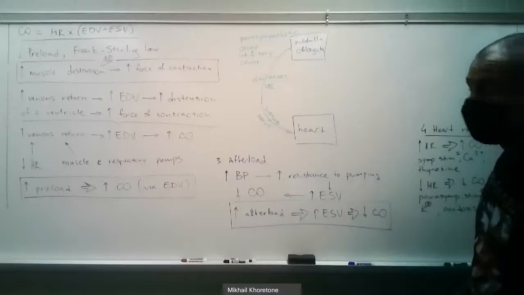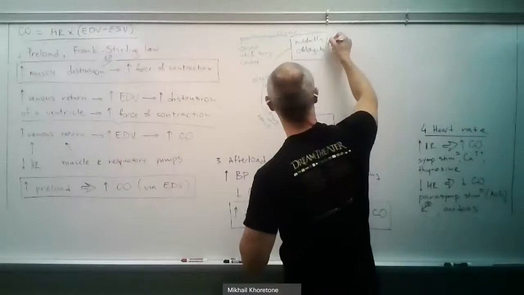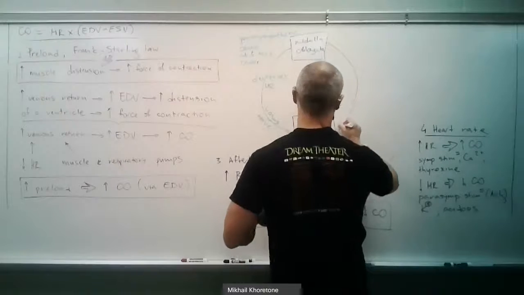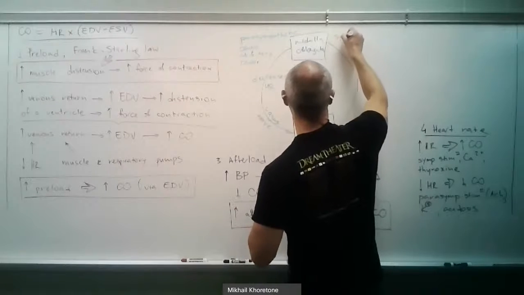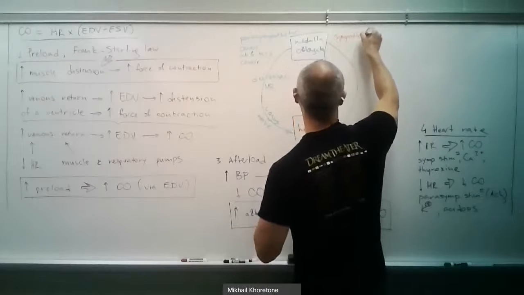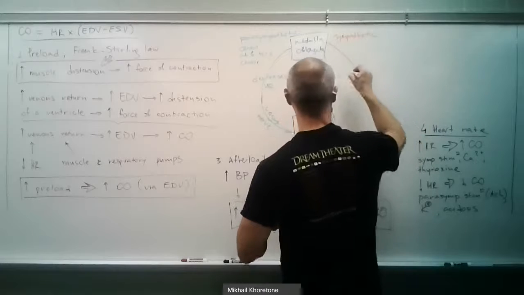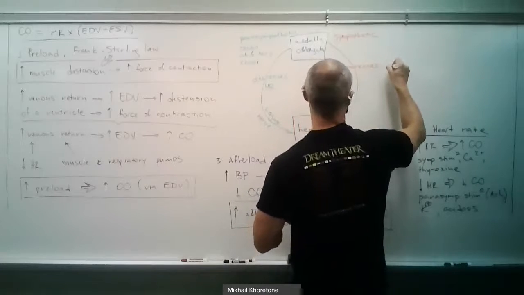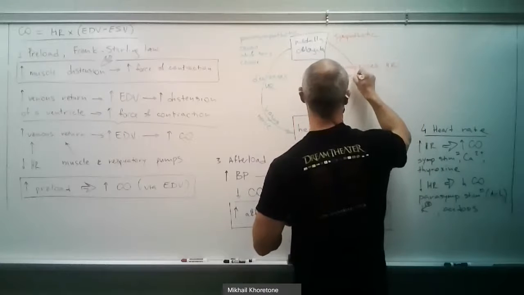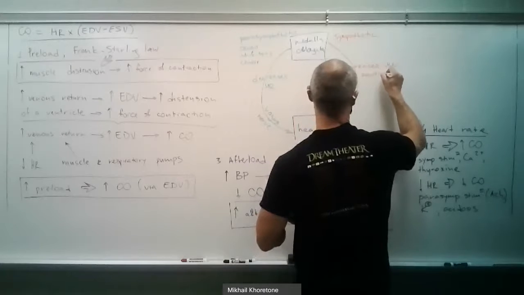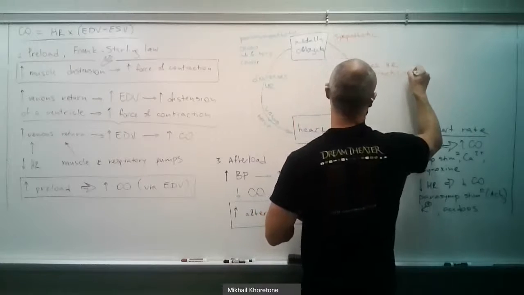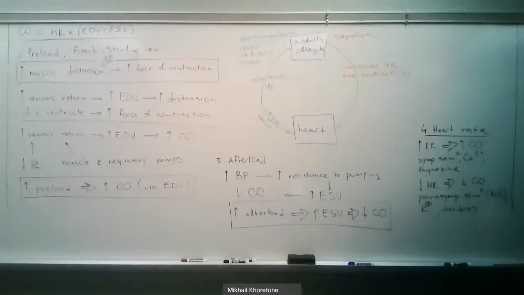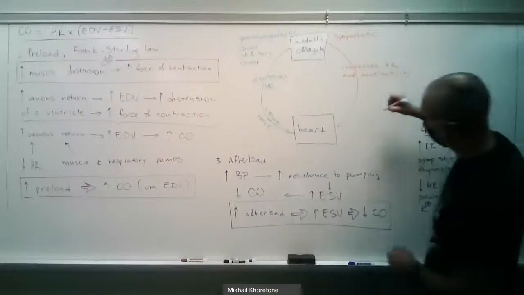Another branch is sympathetic. Okay? This one increases heart rate and contractility. That's thoracic spine.